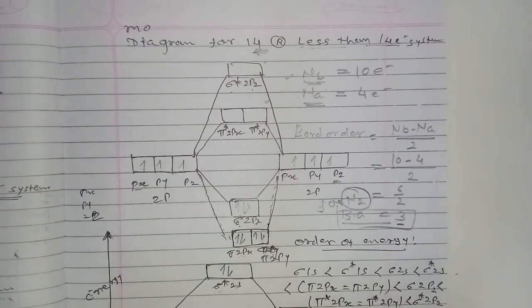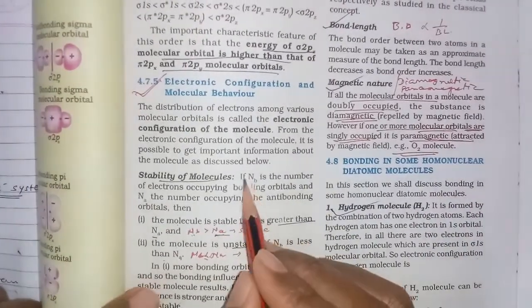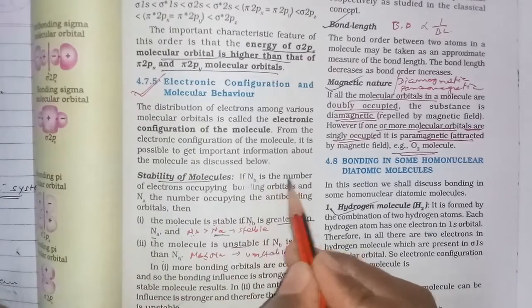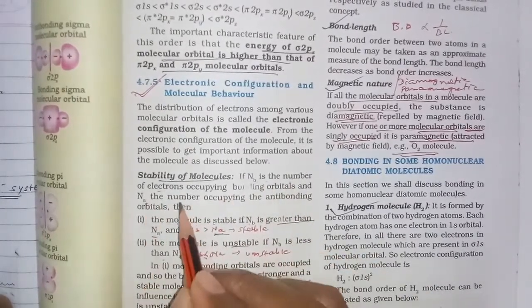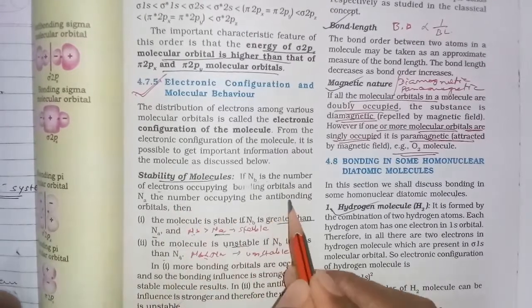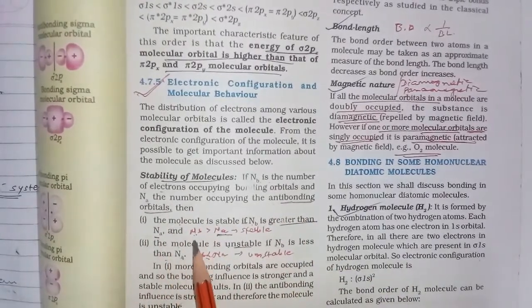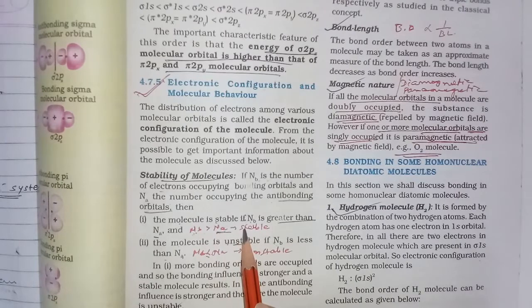And the second thing that is very important is the stability of the molecule. Here Nb is the number of electrons occupying bonding orbitals, and Na is the number of electrons occupying antibonding orbitals. If Nb is greater than Na, that means it is a stable molecule.